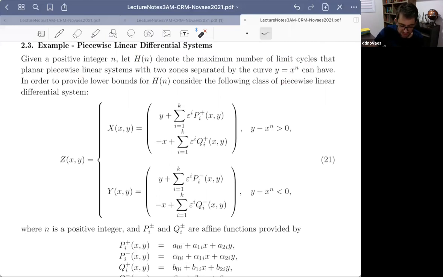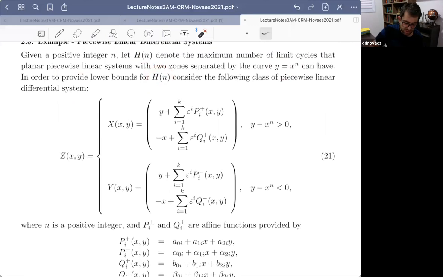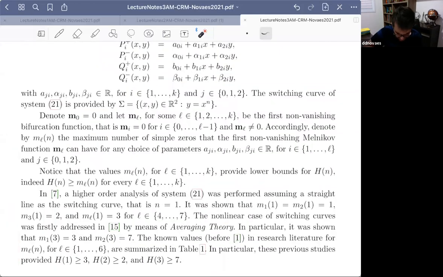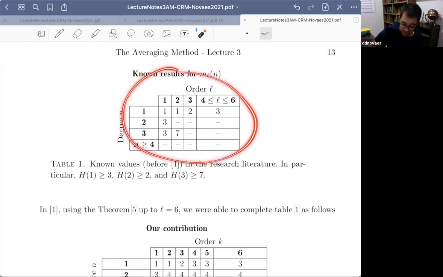In order to study lower bounds for this number, we consider perturbations of linear centers. I'm commenting on some previous results about this problem, which are summarized in this table.